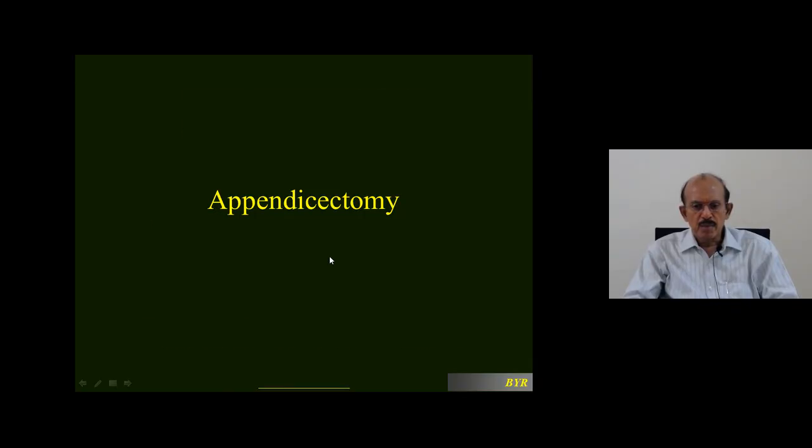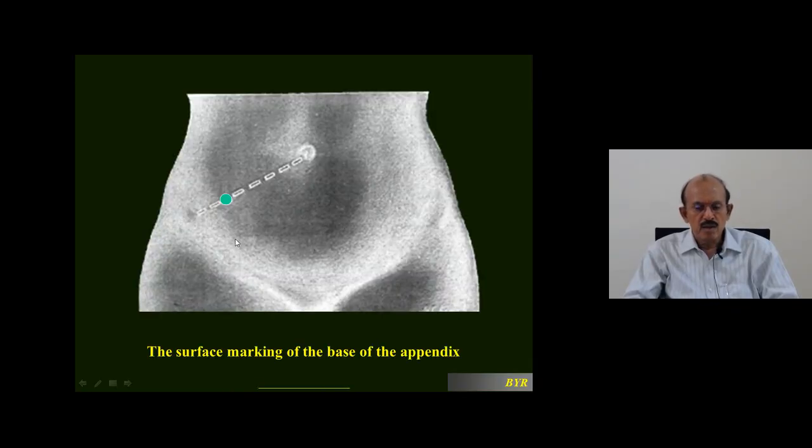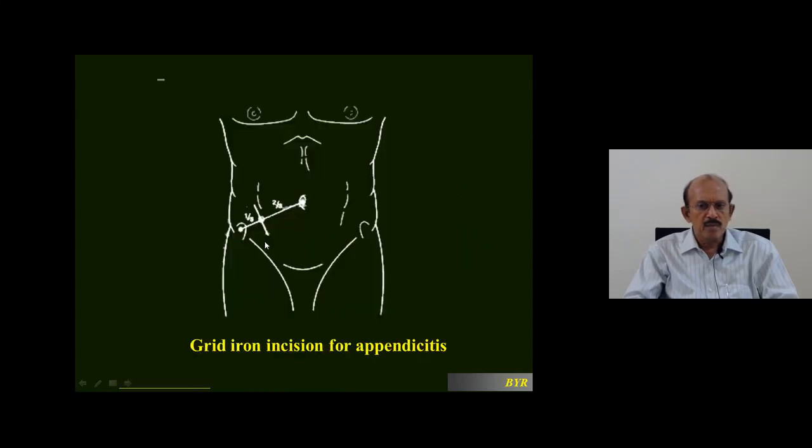The appendectomy operation. Surface marking of the appendix base is McBurney's point, that is on the spino-umbilical line, junction of lateral 1/3 to medial 2/3. That is the point of McBurney.